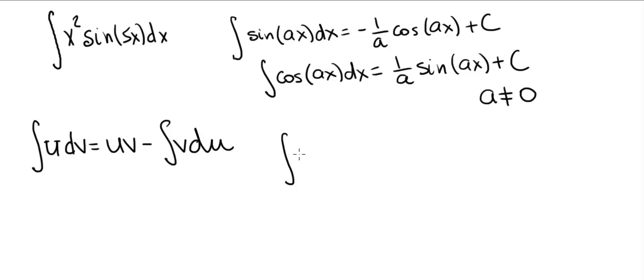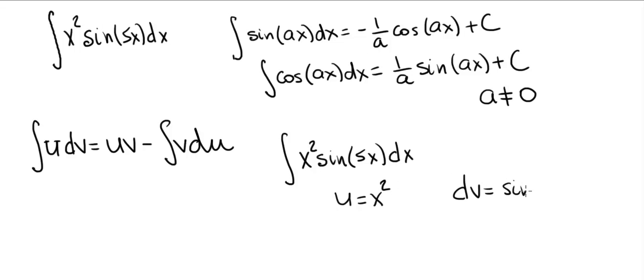When we're starting with a polynomial and a trigonometric function, such as this, we're going to let dv always be the trigonometric function. This is the rule of thumb that you should use. Let u be the polynomial, in this case it's just x squared, and then dv be sine of 5x dx.